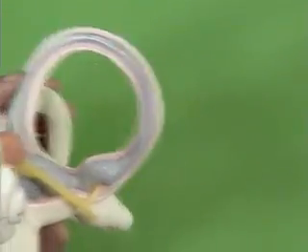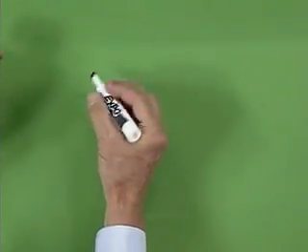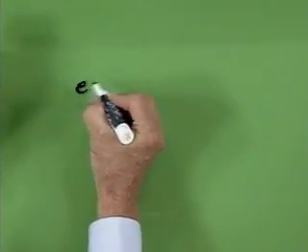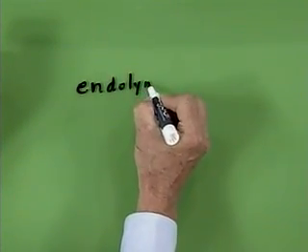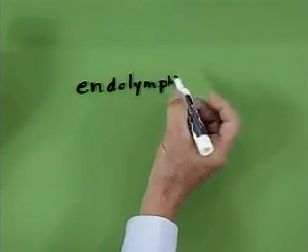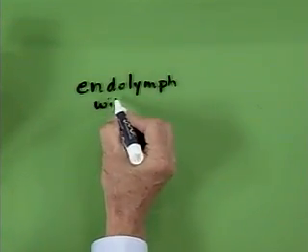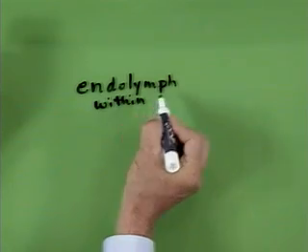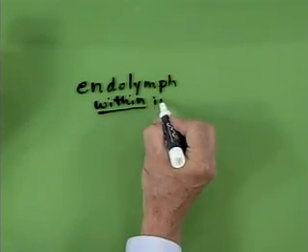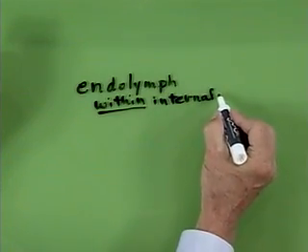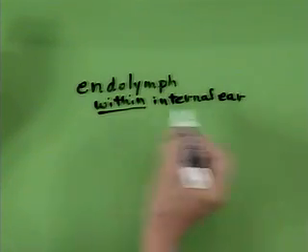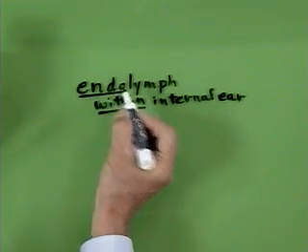Let me write those two words out on the overhead camera here. The fluid that's found inside the internal ear is called endolymph, E-N-D-O meaning within.